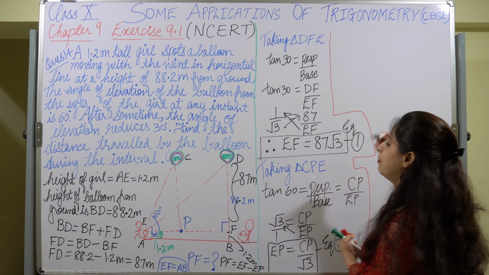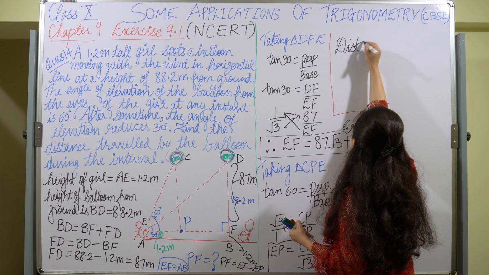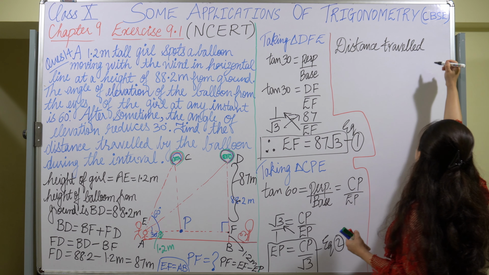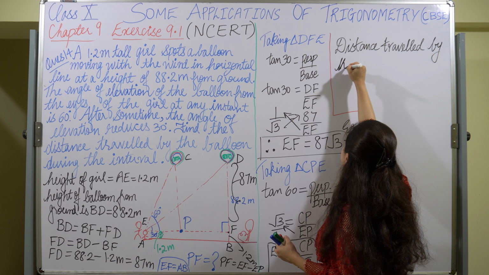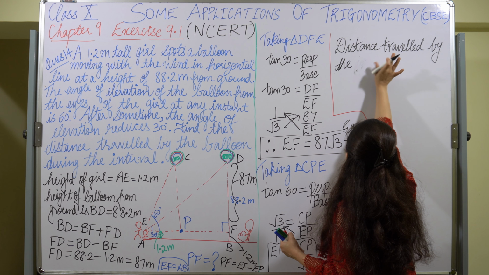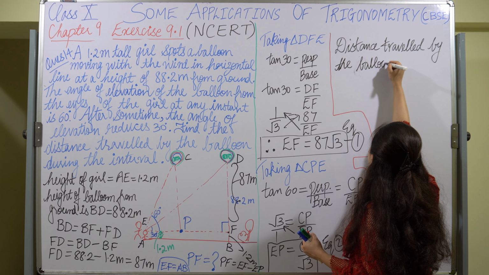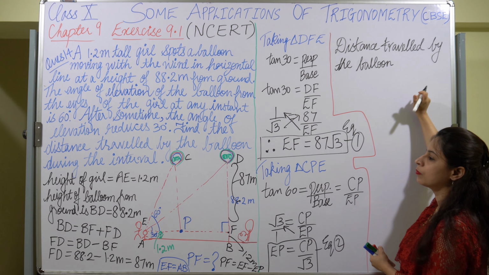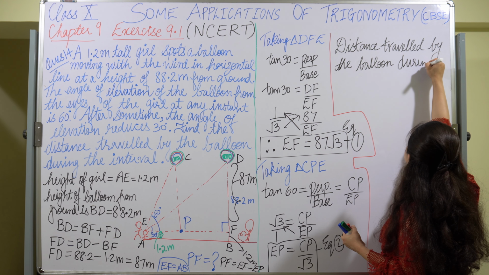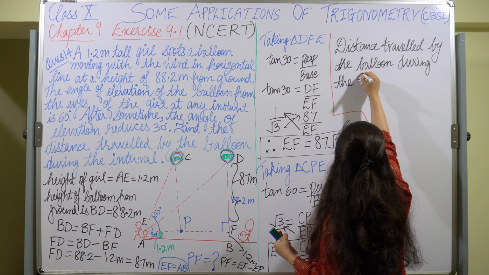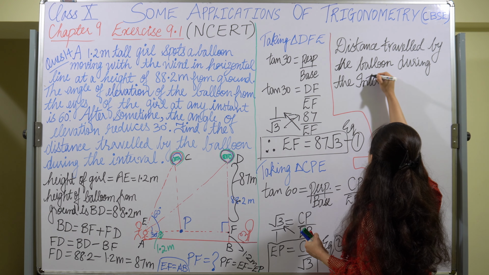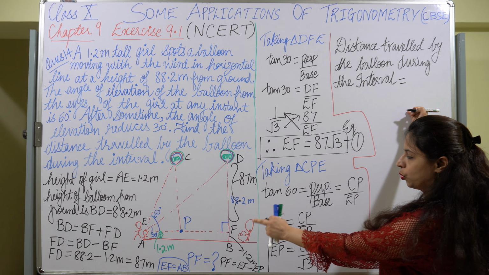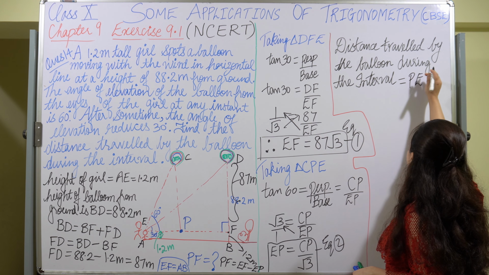So the distance traveled by the balloon during the interval is equal to PF.